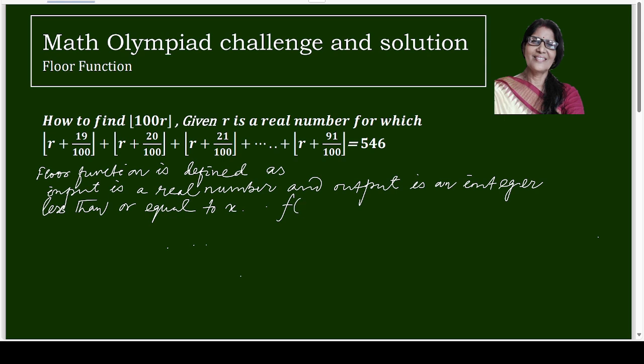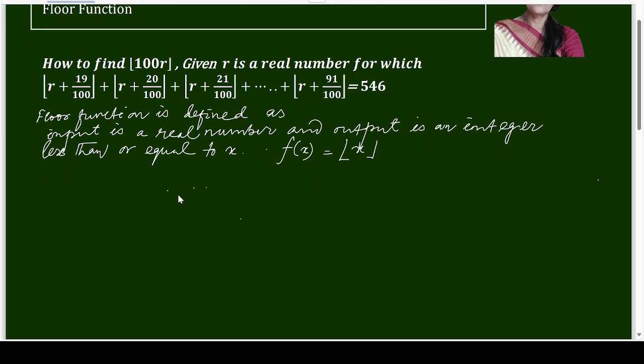We write f of x equals the greatest integer function. For example, the floor of 2.7 is 2, but when you take negative 2.7, the floor equals negative 3. So the integer less than the number is the result.